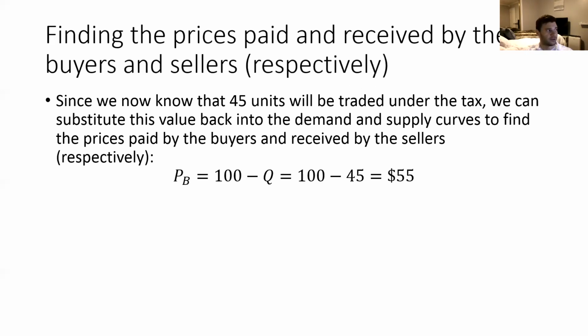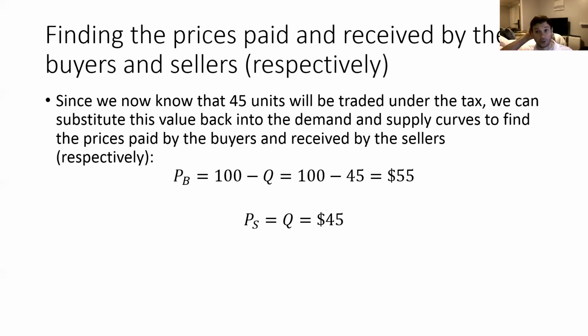And so the buyers are paying $55 when 45 units are being traded, and that's in the presence of the tax. And if you were to just subtract 10 bucks from that, we know that the sellers have to be receiving 45. We can verify that by plugging Q into the supply curve.